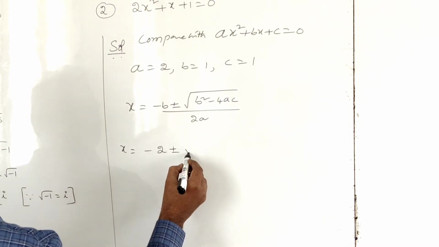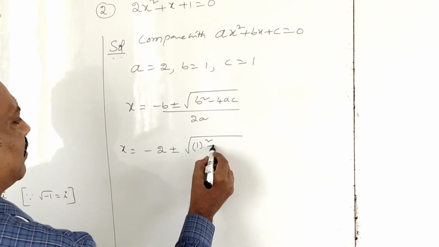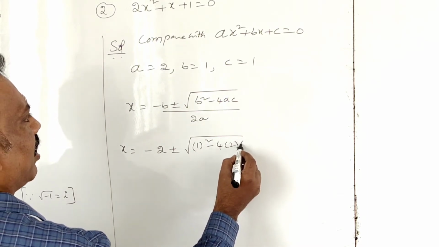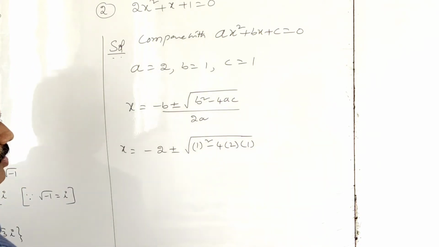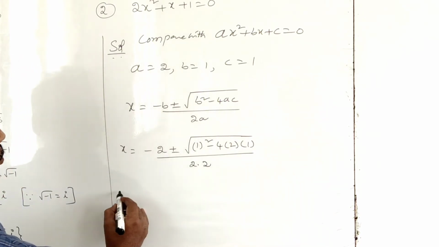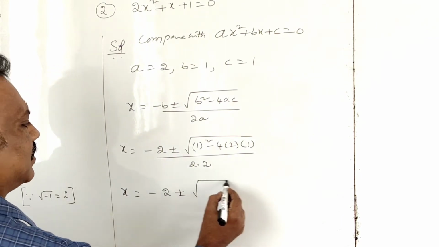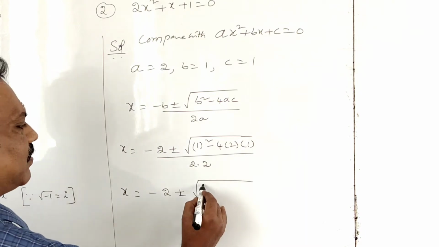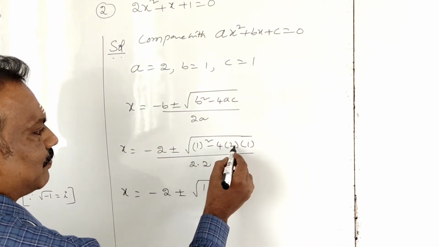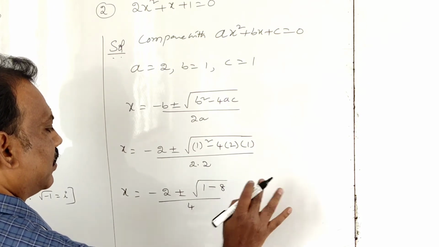So you can substitute here: minus 1 plus or minus under root b square, which is 1 square, minus 4 into the a value 2 into the c value 1, upon 2 into the a value 2. So x is equal to minus 1 plus or minus under root 1 square is 1, minus 4 twos are 8, 8 ones are 8, upon 4.